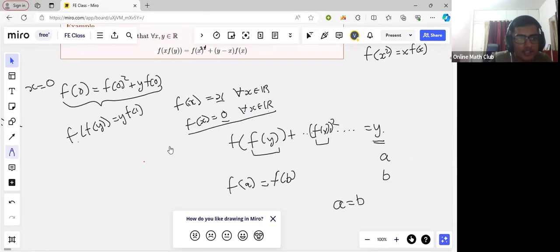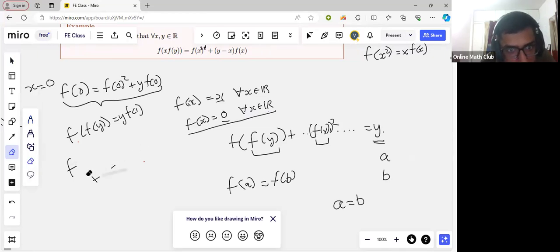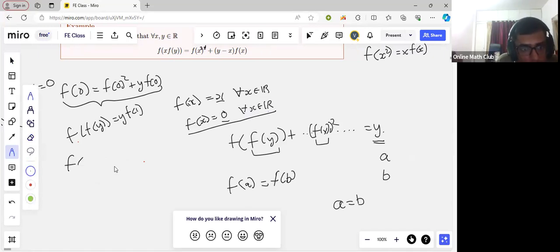Let's fix f of x instead. We have f of x f of y plus x f of x minus f of x square, all divided by f of x, is y, right?